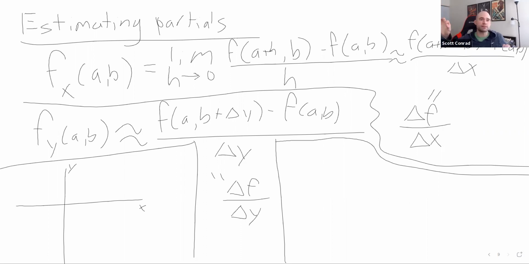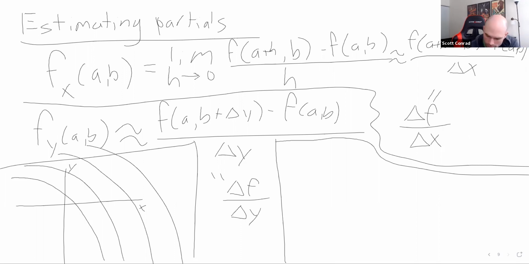Remember, a level curve is the set of all points where the function is equal to a given value. These are some level curves. So this is the level curve of all the points where our function is equal to 1, all the points where our function is equal to 2, 3, 4.